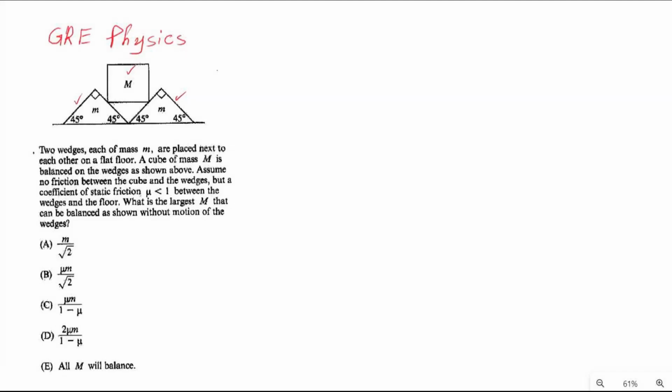And balancing the largest mass M of the block means that a wedge is on the verge of sliding, which would mean that a horizontal push provided by the block to a wedge should be balanced by an opposing frictional force between that wedge and the floor. So in this problem, we need to find out these two forces: the horizontal push on a wedge by the block and the force of static friction between that wedge and the floor, and then equate them.